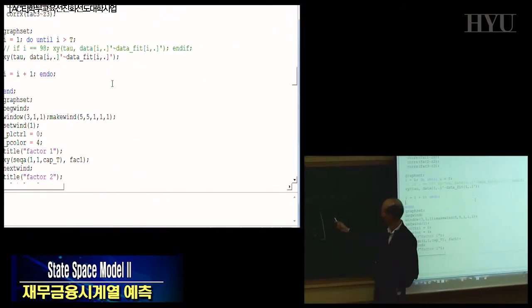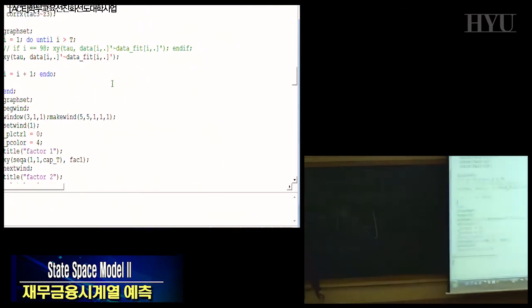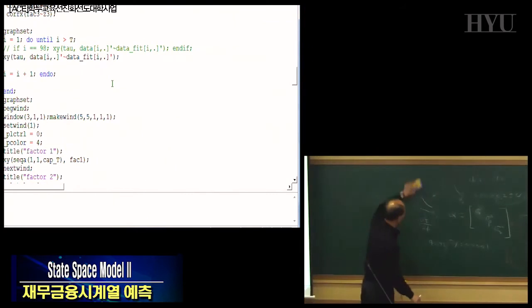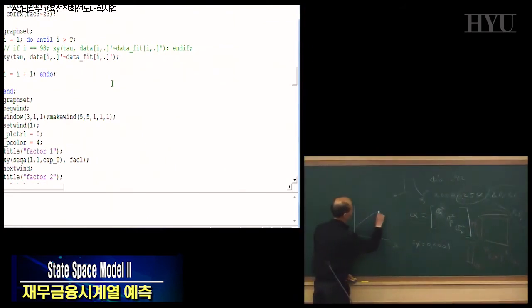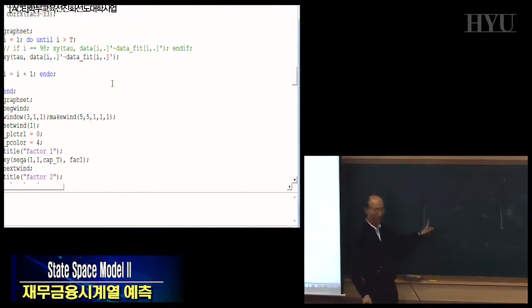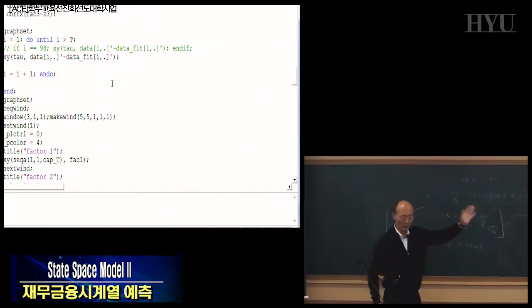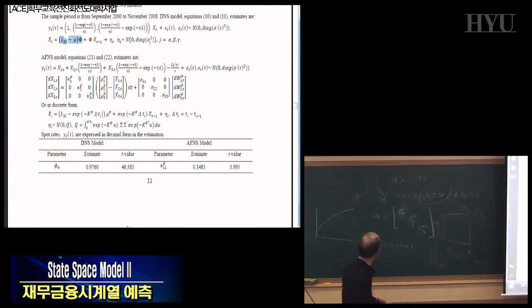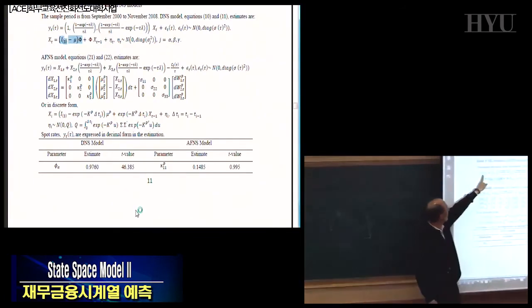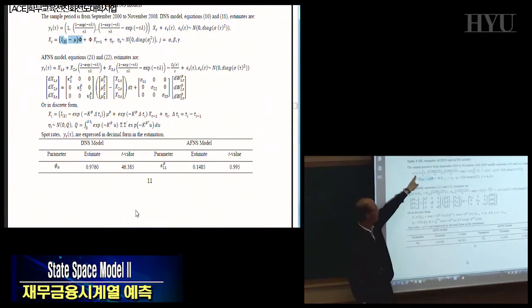So if you are at time 1, then you have 12 numbers, right? Twelve numbers could be like this. And we estimated the model. What I mean is at a particular time, let's say t equals 1, I have 12 numbers.